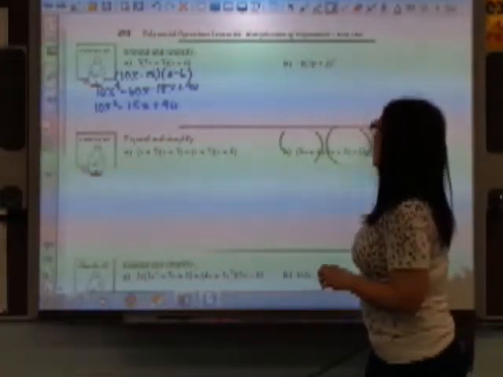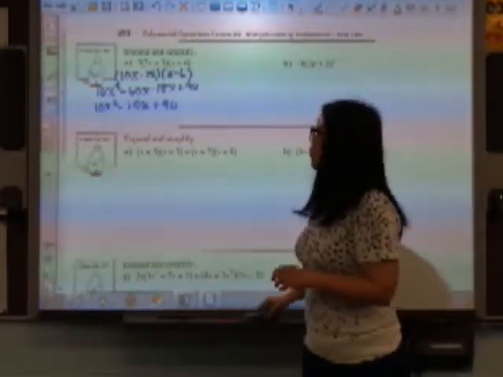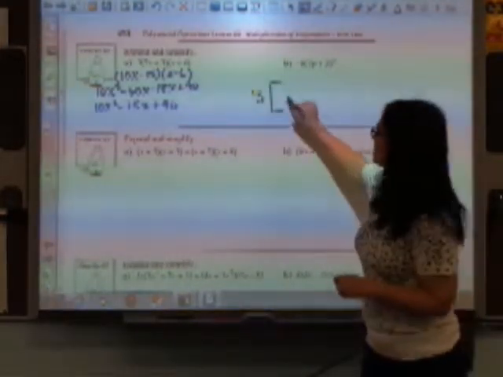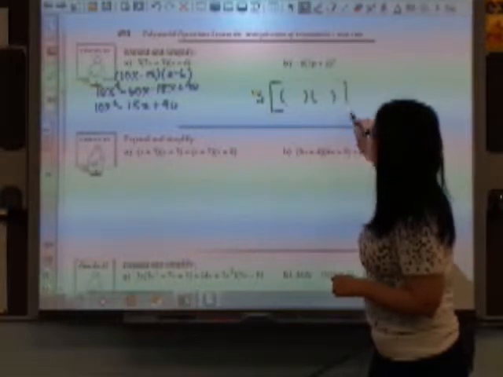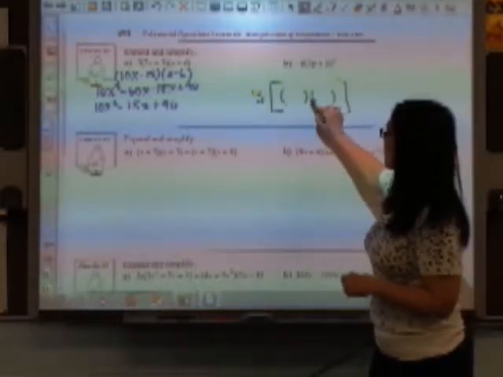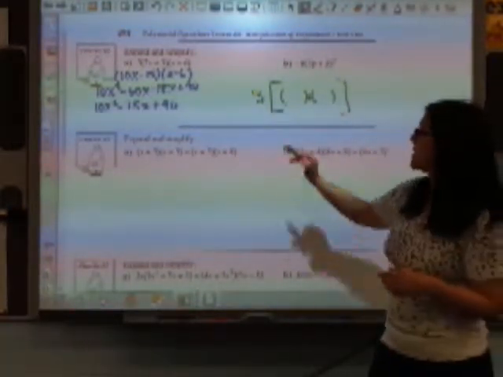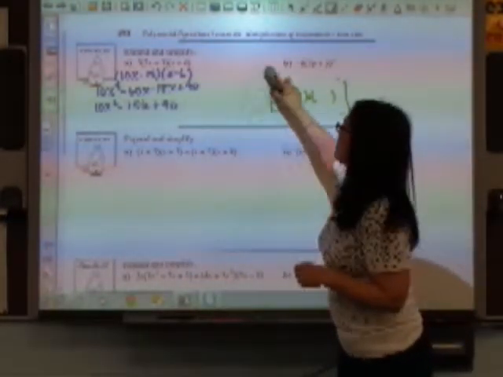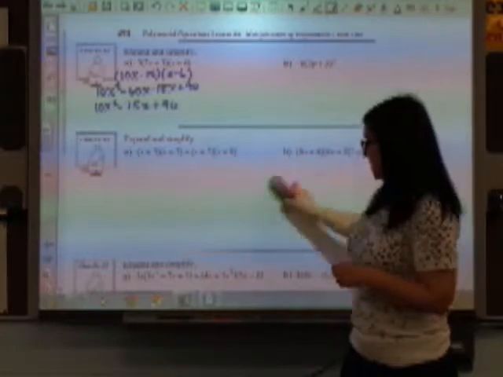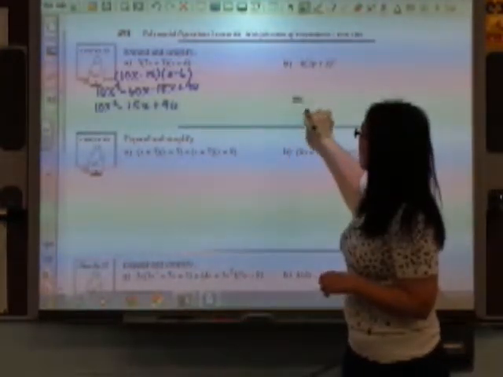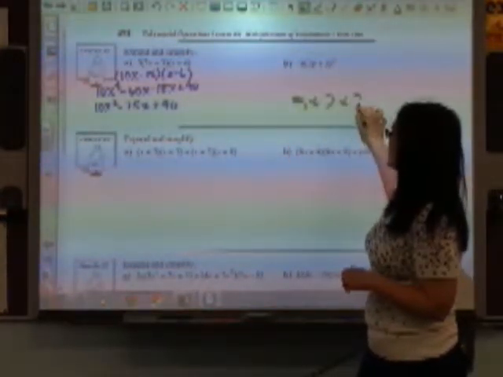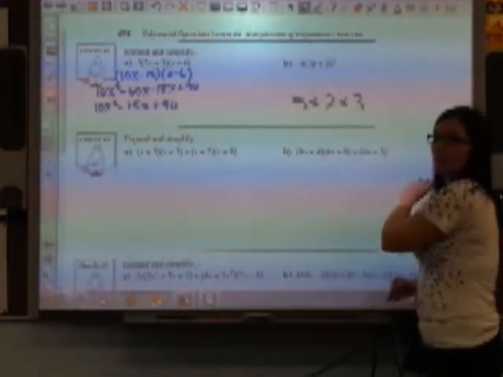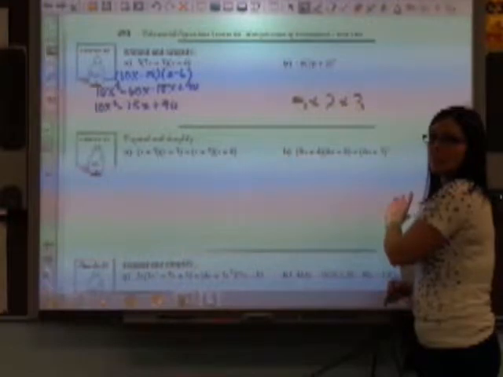No. So if I wanted to multiply the 5 by both things inside the bracket, I'd have to have it like that, or I'd have to have a plus sign between them. And that would tell me to distribute the 5 between. Oh, so you put the 5 to the first set of brackets. Right. Because it would be like I was showing before, the 5 times the 2 times the 3. I don't multiply the 5 by both the 2 and the 3. I just multiply it by one of them.